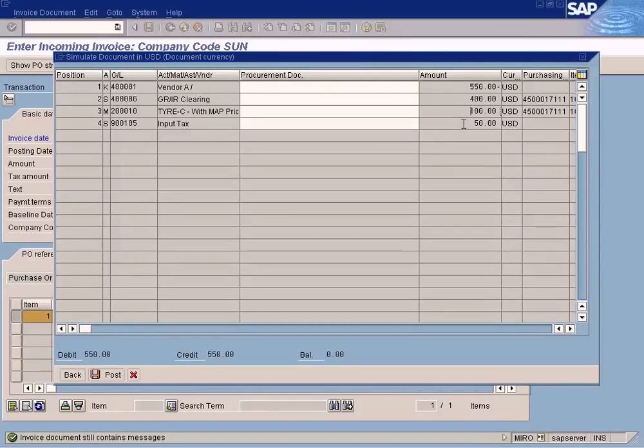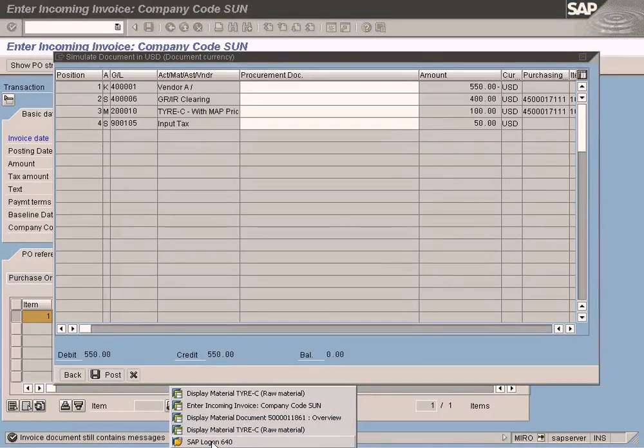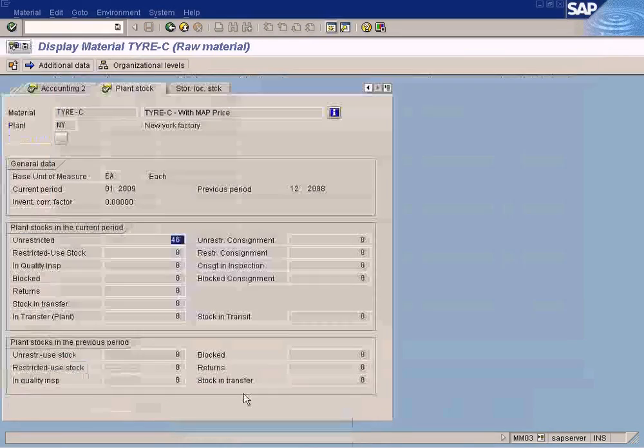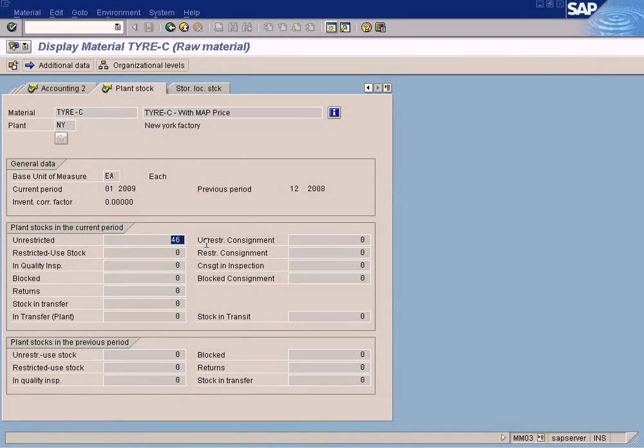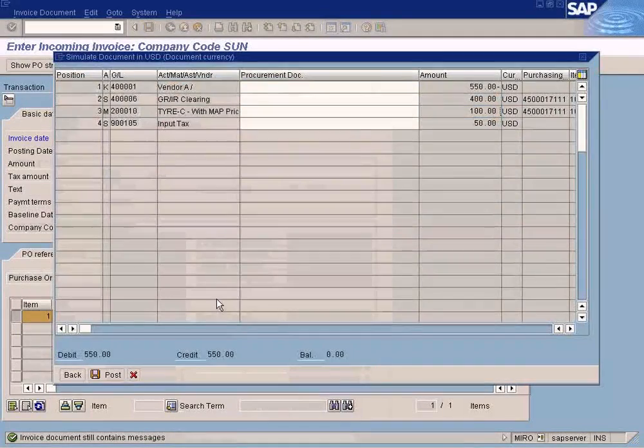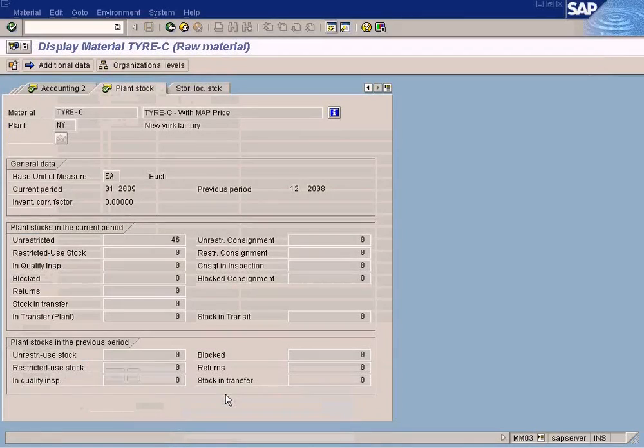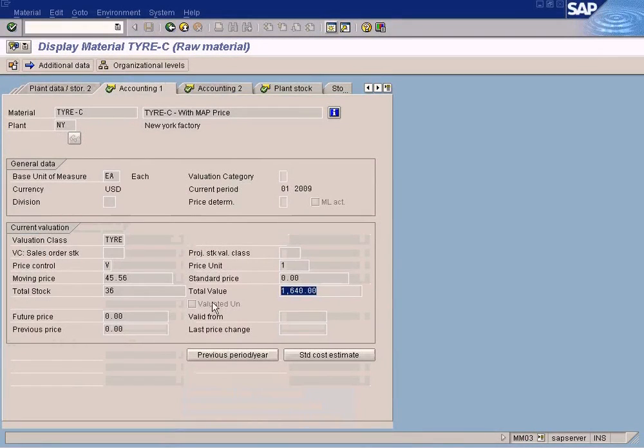When there is a price difference, according to the moving average price accounting principle, the additional price should be charged to the stocks for which this additional price is applicable. So out of these 46 units, only 10 units, because before we received 10, the earlier balance was 36, as you can see here. Where is the earlier balance?